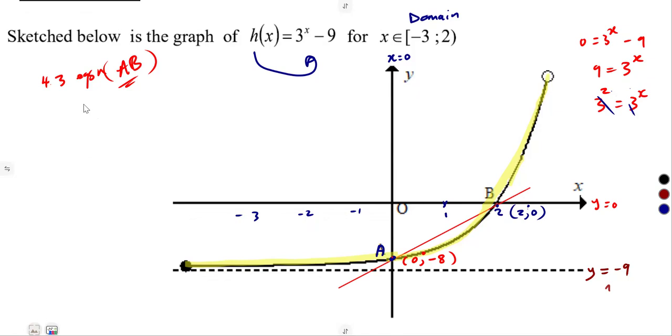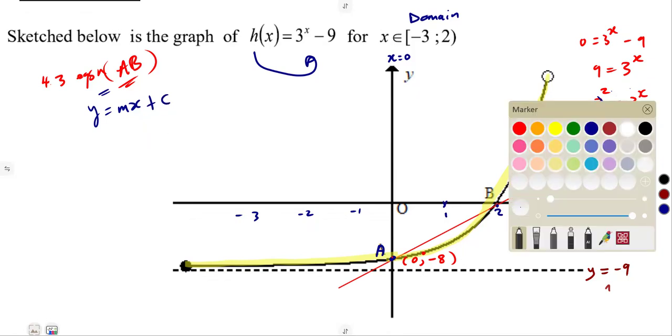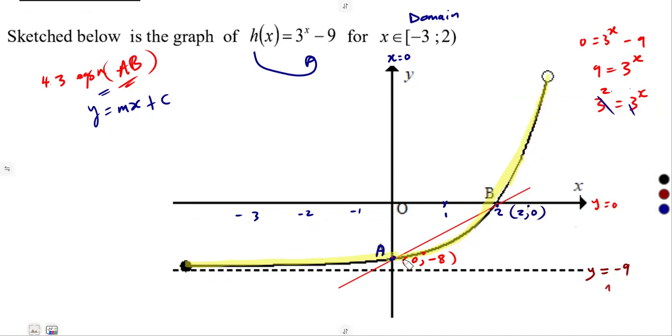So remember, for us to have the equation of a straight line, we can use y = mx + c, where c is the y-intercept. But m is the gradient, which we can determine by the increase in y over the increase in x. Using this one, the change in y going up is +8, and the increase in x, going to the right, is +2.